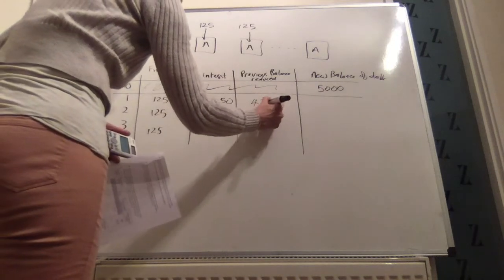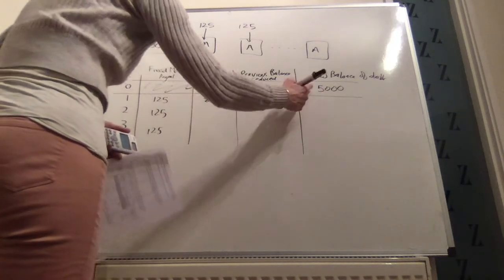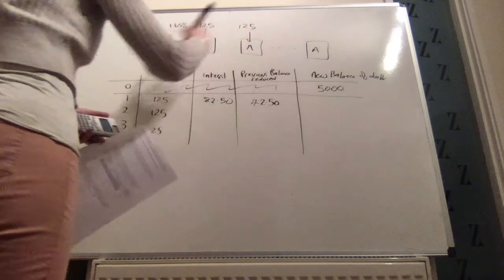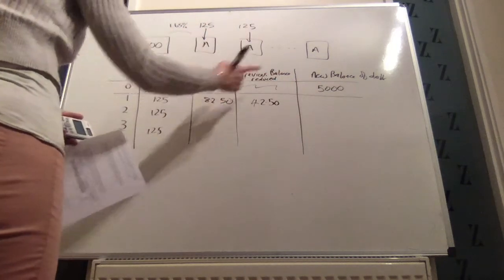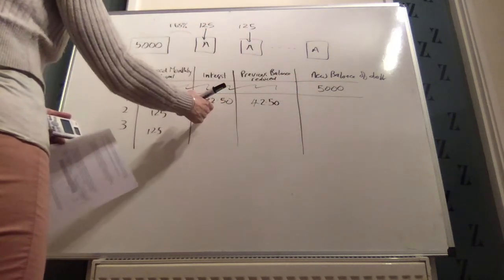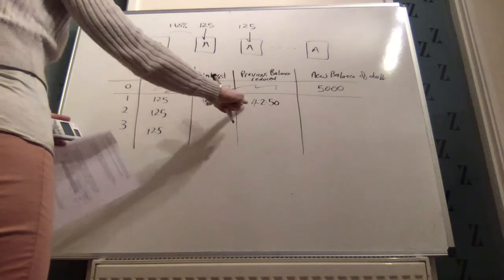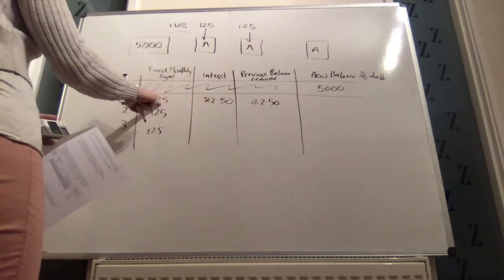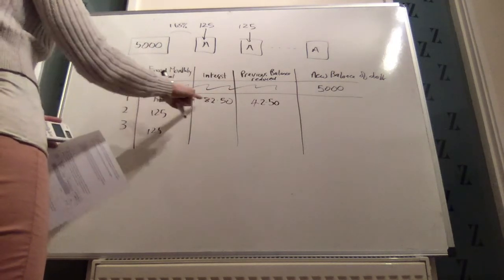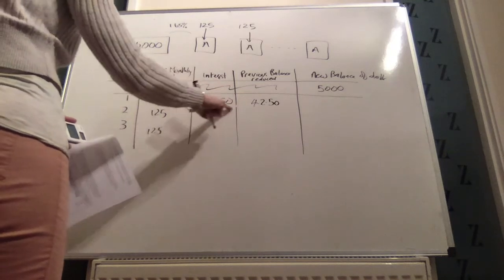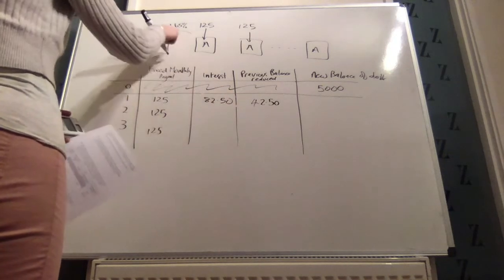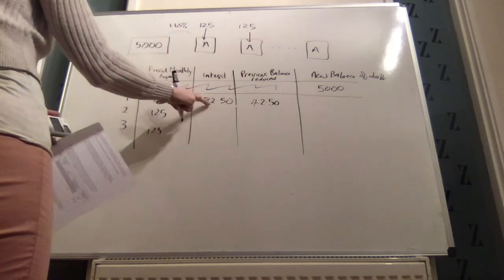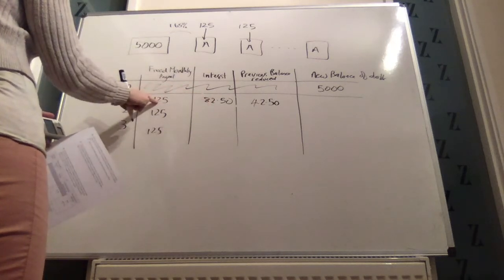So he owed 5,000. At the end of a month, he owed the 5,000 plus the 82.50, but he has paid off 125. So even though his debt has increased by 82.50 due to the 1.65%, he's paid 125.